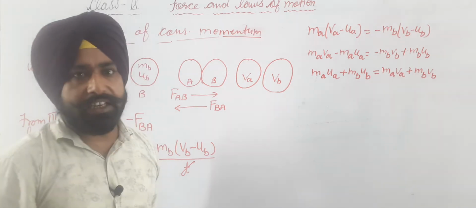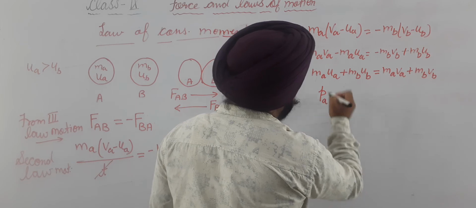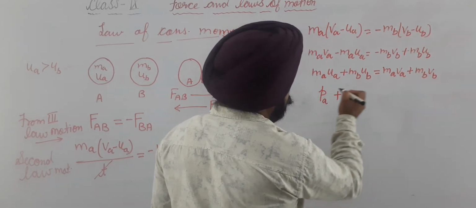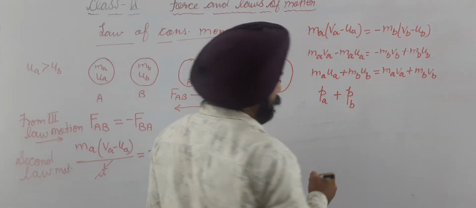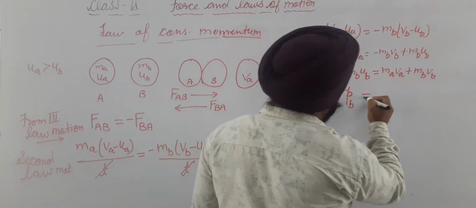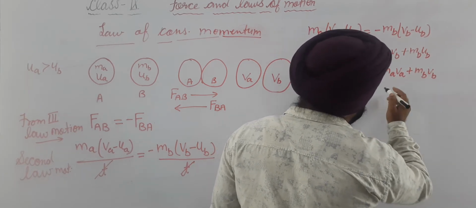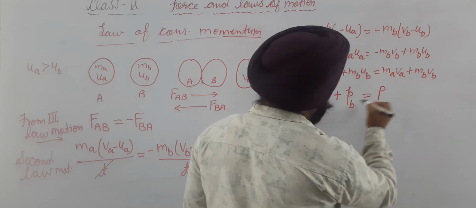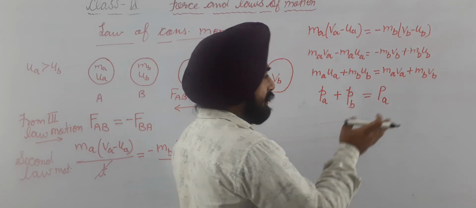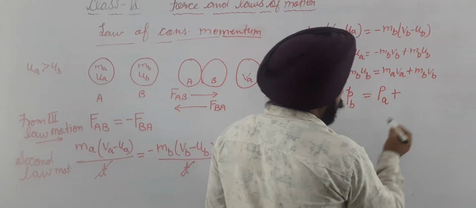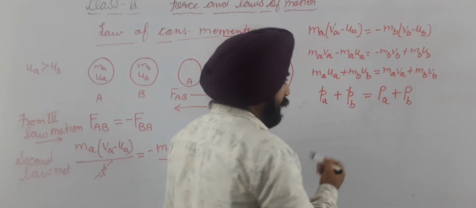Mass into velocity is momentum. We can say this is the momentum of object A before collision, and this is the momentum of object B before collision, equal to, in new alphabets, PA, the momentum of object A after collision, and this is the momentum of object B after collision.